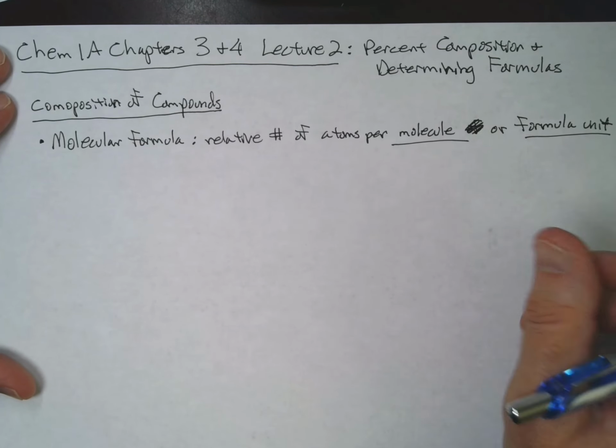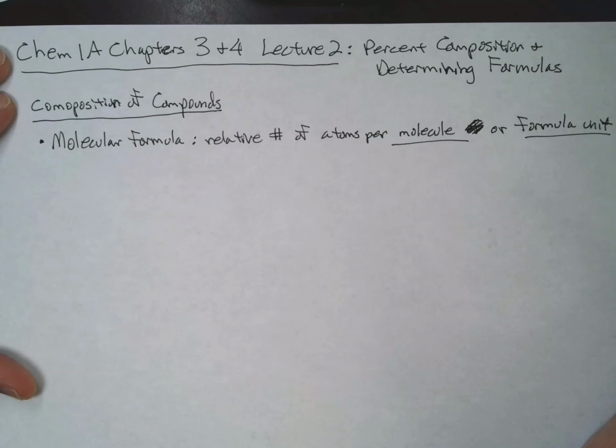So something like sucrose, table sugar, does have a formula of C12H22O11. But something like table salt, sodium chloride, just has a formula of NaCl.